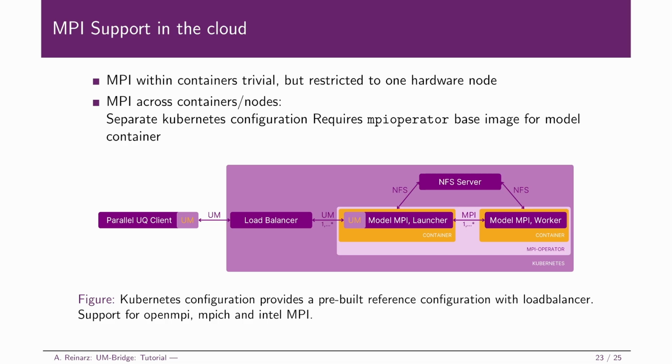If you have large amounts of data that are required for your model, for example, in the tsunami example, this might be information about the height of the seafloor, so it's bathymetry data, but in other cases it might be something else, then you can connect to an NFS server. If you don't have large amounts of data, if you only have your parameter inputs and outputs, you don't need to set this up. And we provide configurations for all of these things that you can just use.